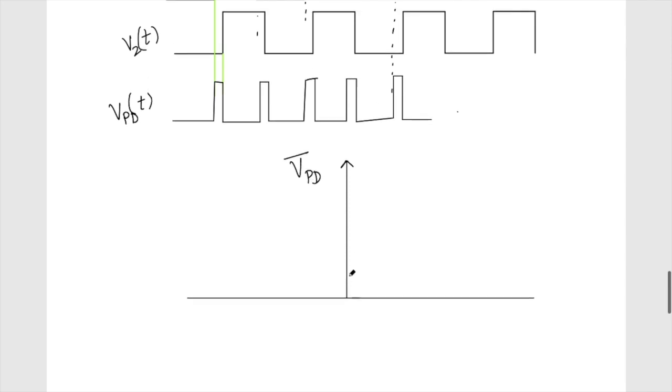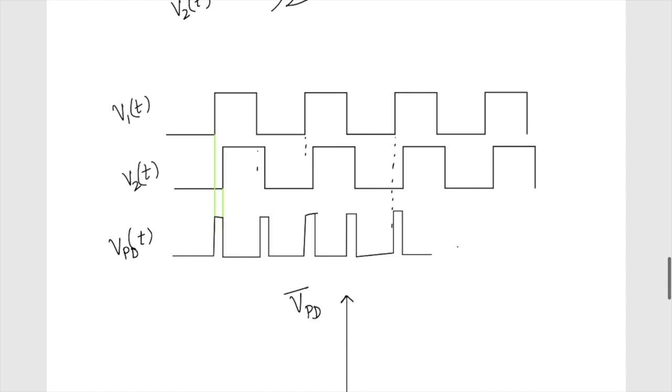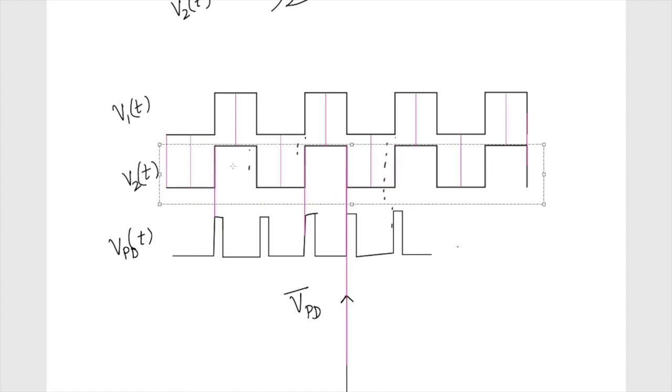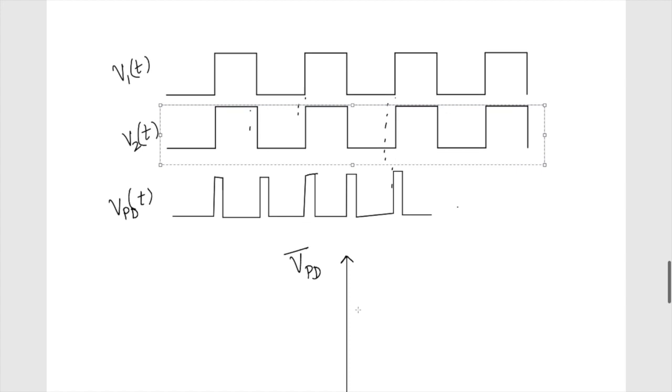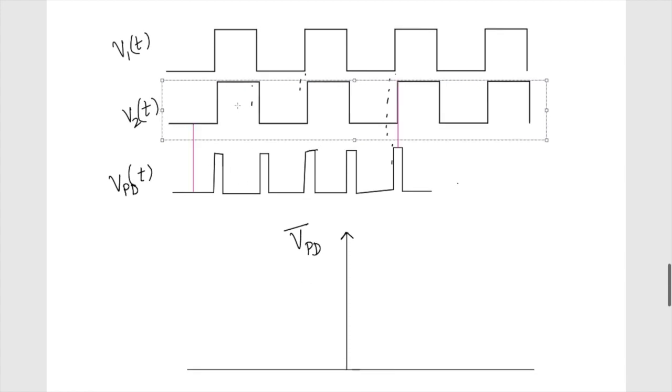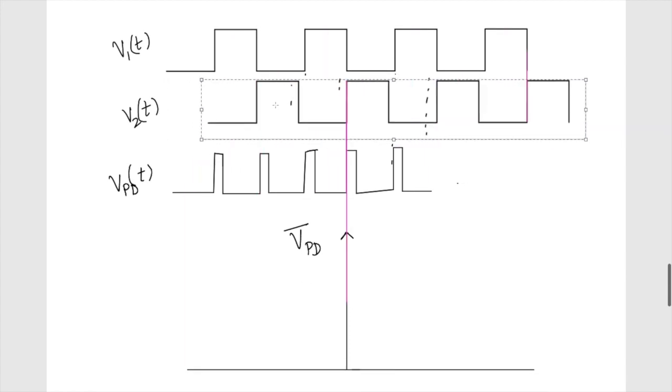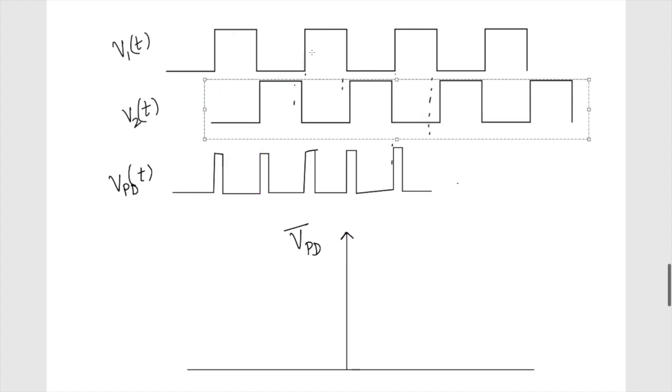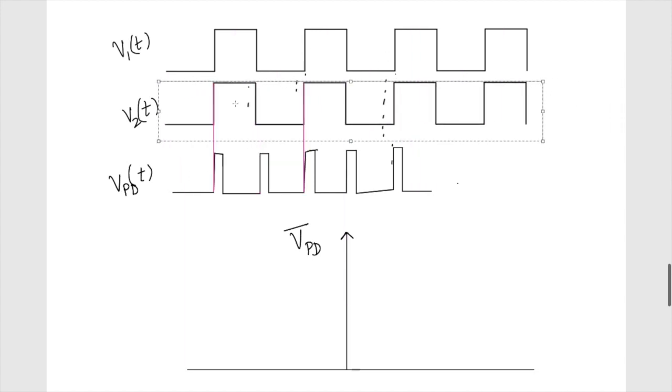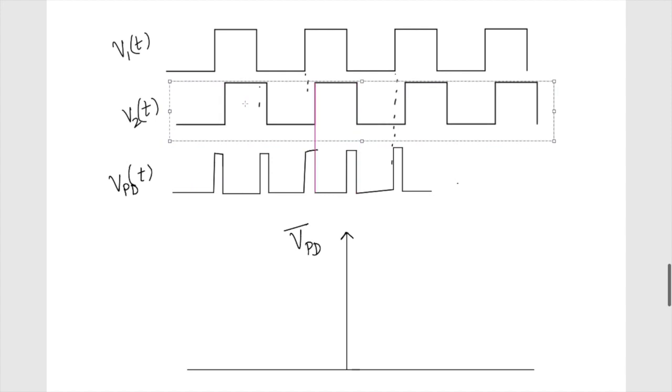When both of them are the same, when the phase difference is 0, this is almost 0, but it becomes maximum when it gets inverted. Of course, there's a little difference in the duty cycle. Here, what we are assuming is that the duty cycle is 50%.